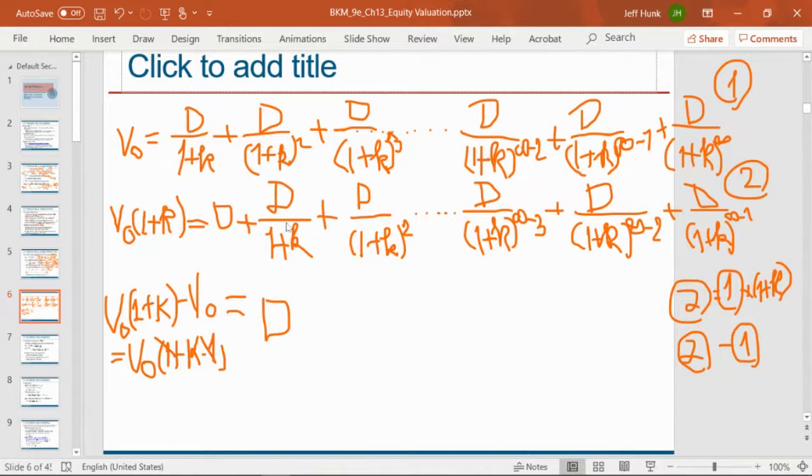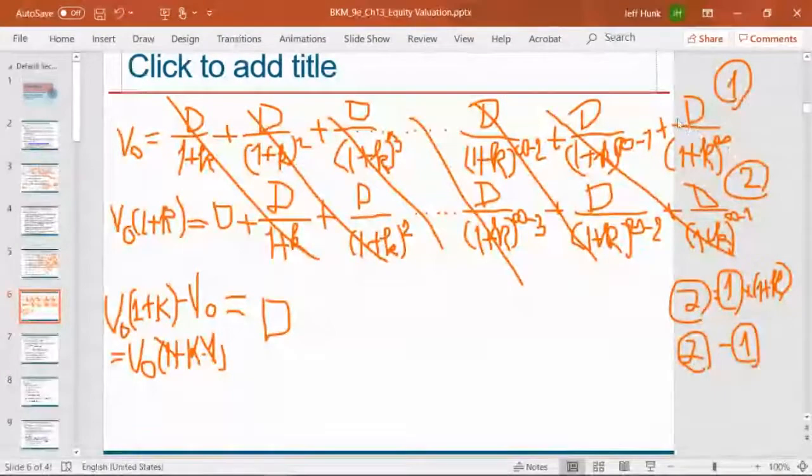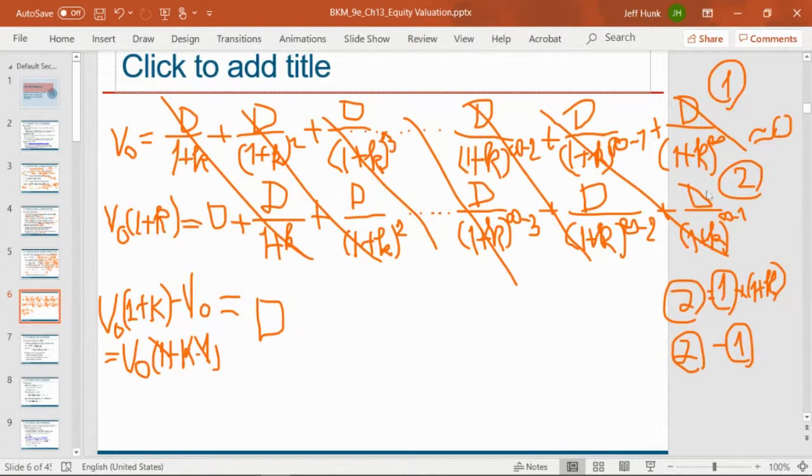So these two will cancel out, these two will cancel out, and something here will cancel out with this. And eventually, think about it, at infinity, this will become 0, and this will also follow infinity by just one term.